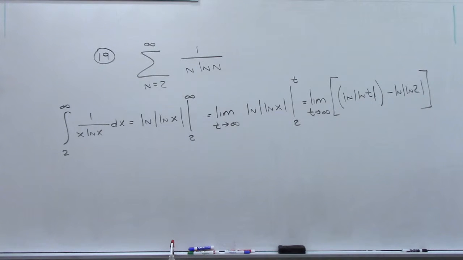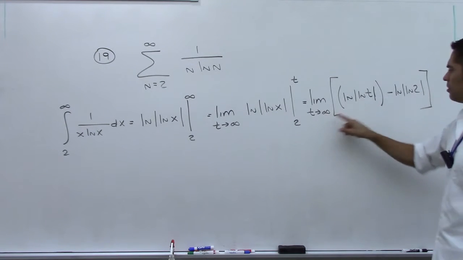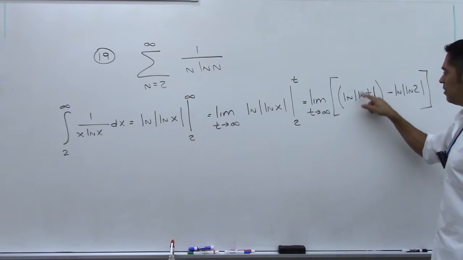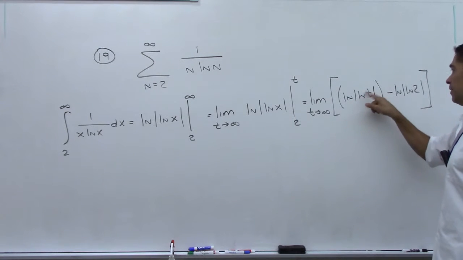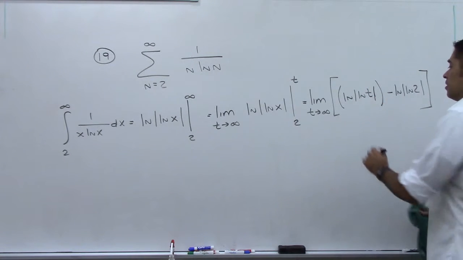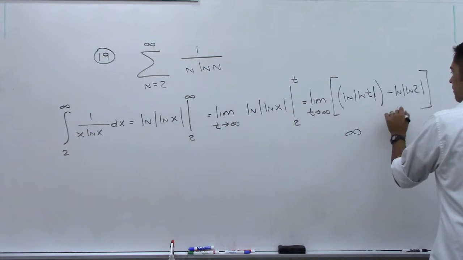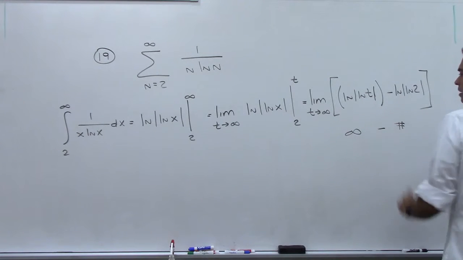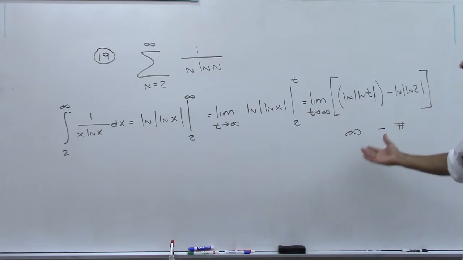All right, and now let t go to infinity. As t goes to infinity, we get natural log of infinity, which is infinity, natural log of infinity again, which is infinity. So this is becoming infinite minus a number, it doesn't matter. So this thing is diverging.